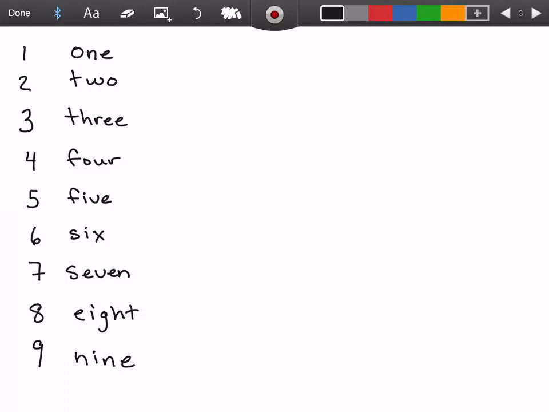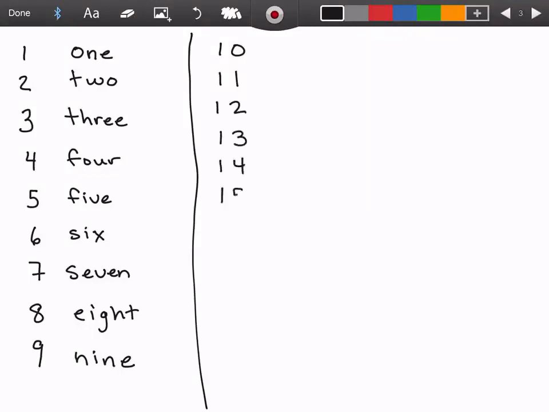All right, let's talk about the numbers that will be in the tens places. There's 10, and there would also be 11, 12, 13, 14, 15, 16, 17, 18, 19. These all have special names as well. These are all the numbers where there's a 1 in the tens place.